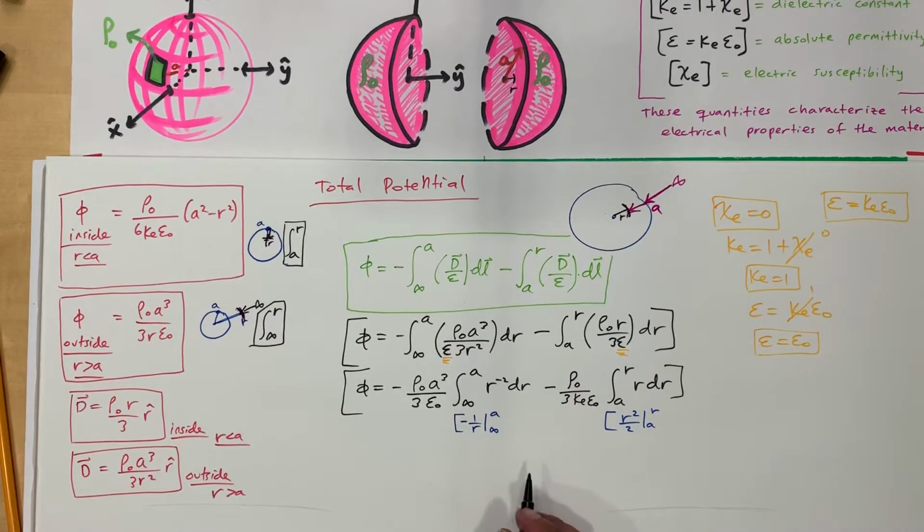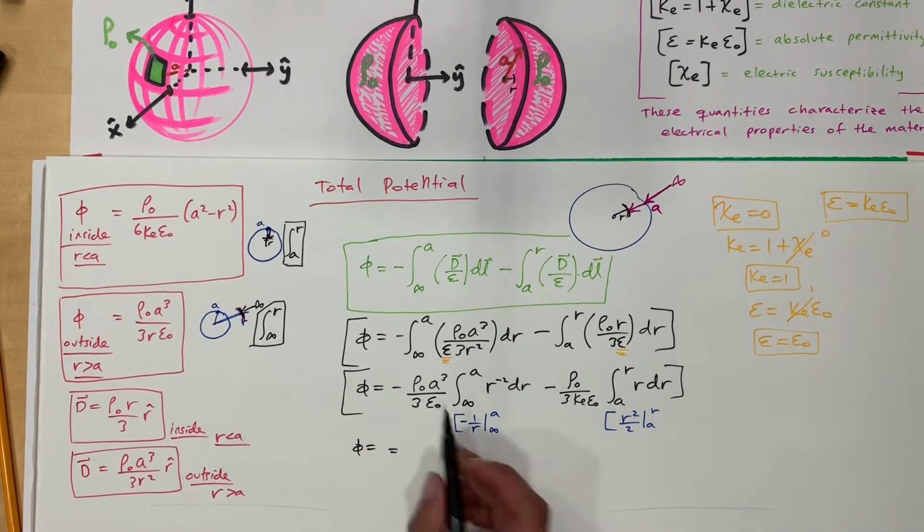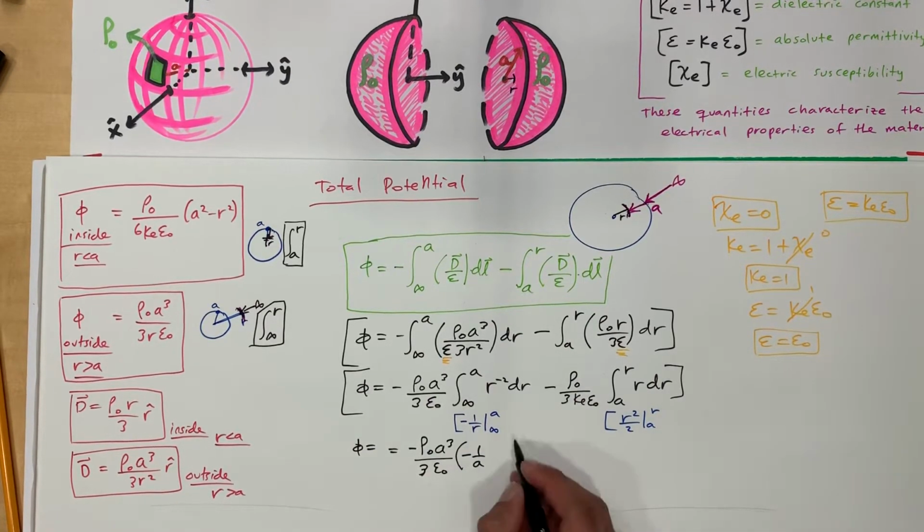We got that the potential is equal to negative rho naught A to the third over 3 epsilon naught. In here, we're going to have minus 1 over A plus 1 over infinity, right? And this goes to 0.